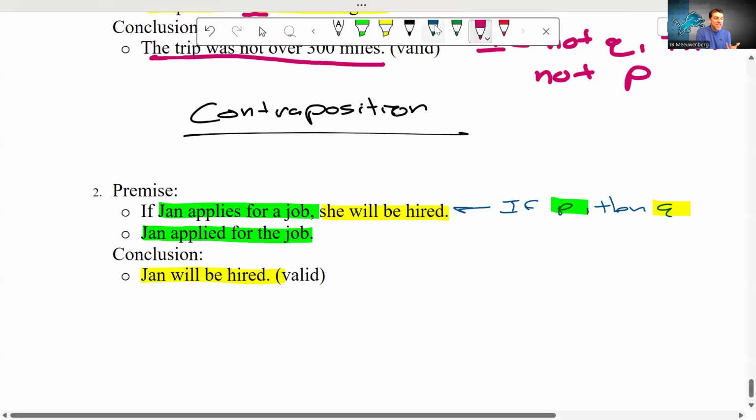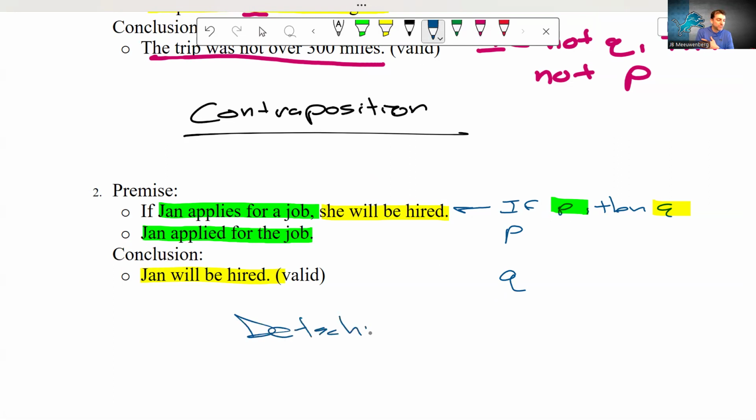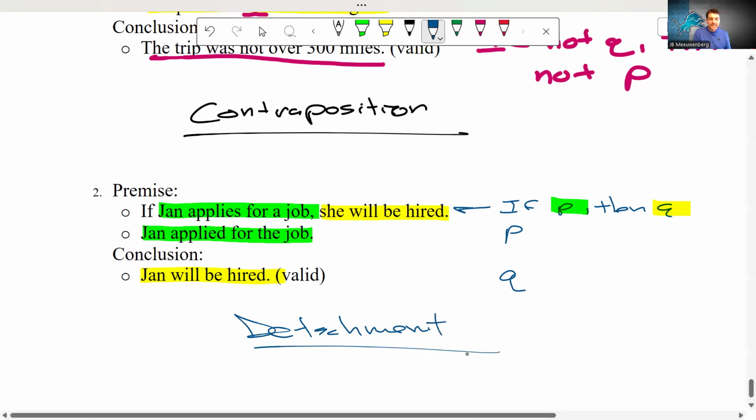There's no negation of anything happening there. It says if P, then Q. P happened, so we can conclude Q. That's the law of detachment.